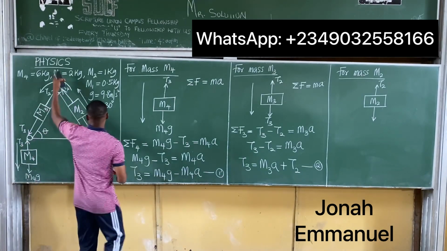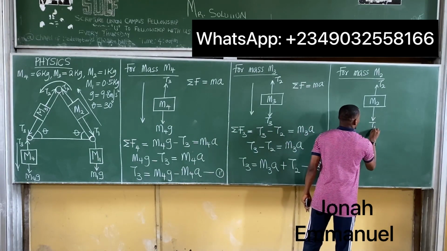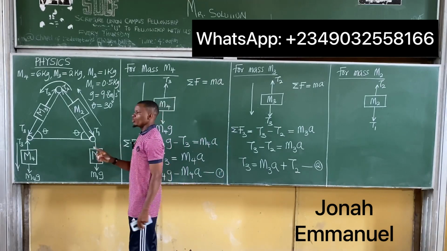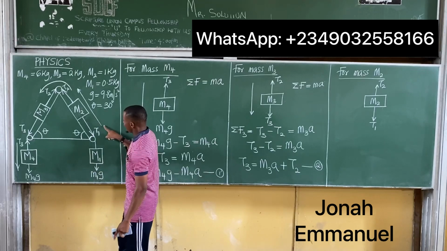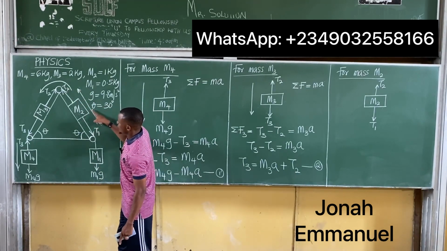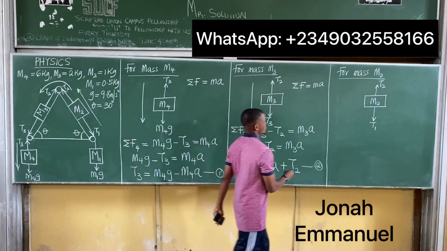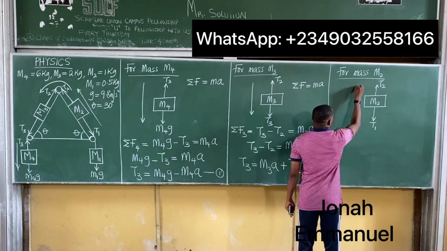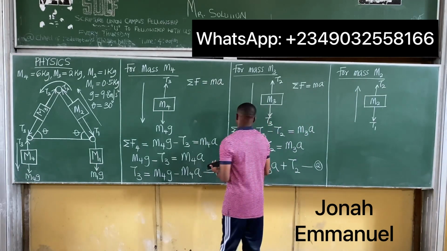All right, so T2 going upwards, T1 coming downwards. Now observe that the direction of motion of this system is going this way as we agreed earlier. This motion means that the direction is in accordance with the T2 direction, that's upwards.